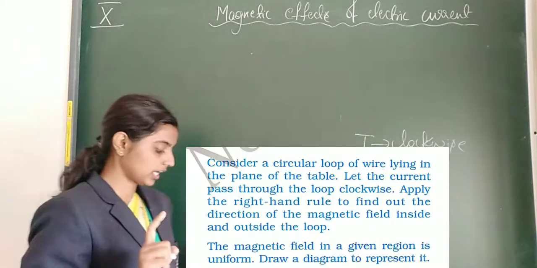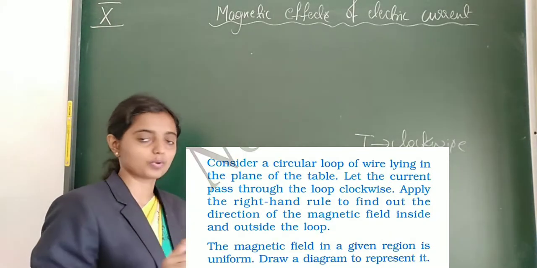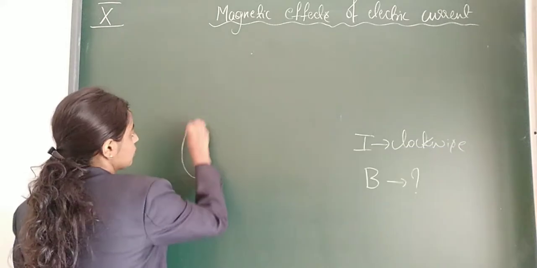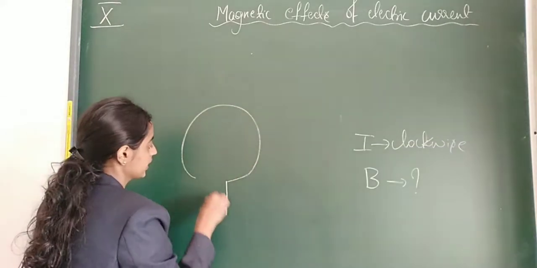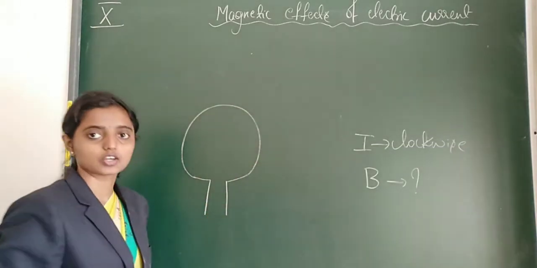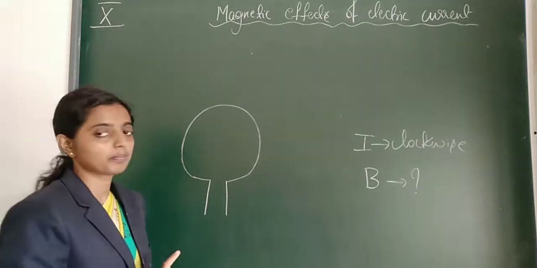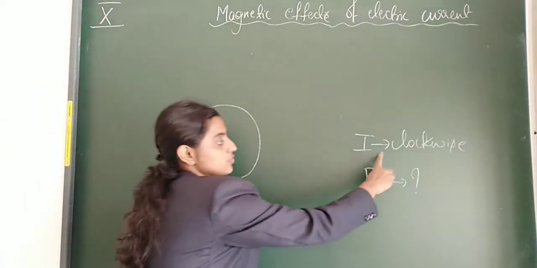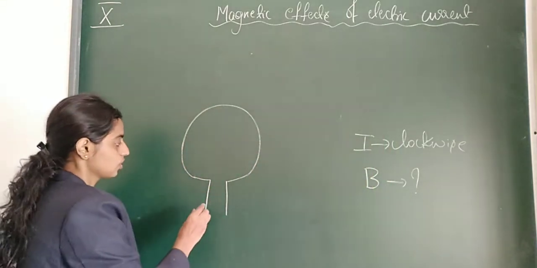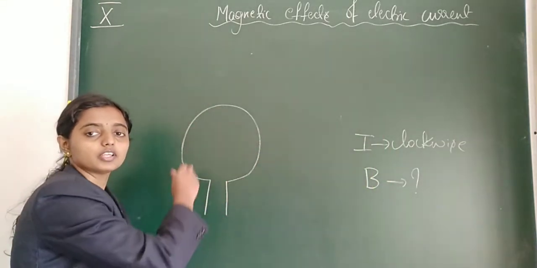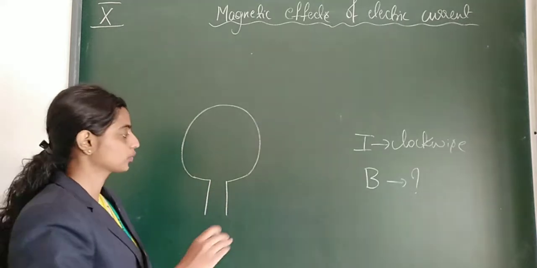So look at the question. They are giving a circular loop, which will be like this, right? This is our circular loop, which is connected to a battery, and the current is flowing in a clockwise direction. It is given with respect to a table, but no need to worry about that.